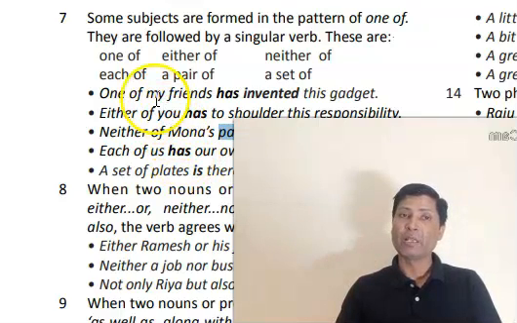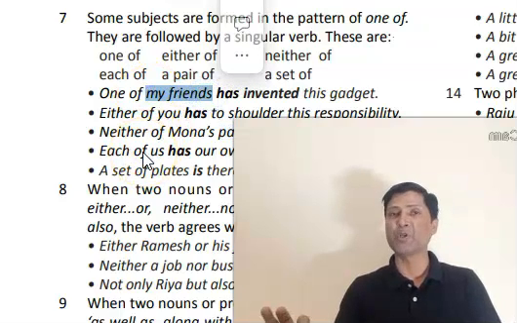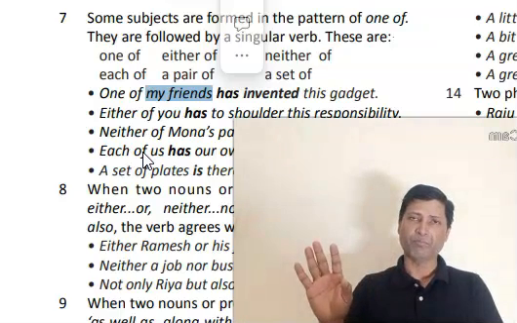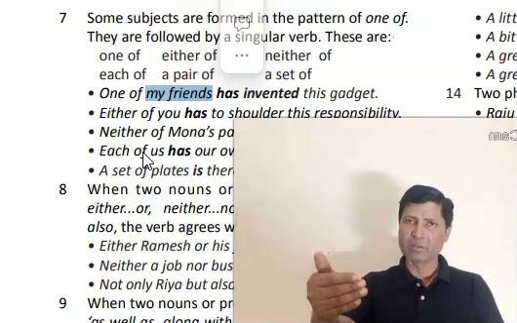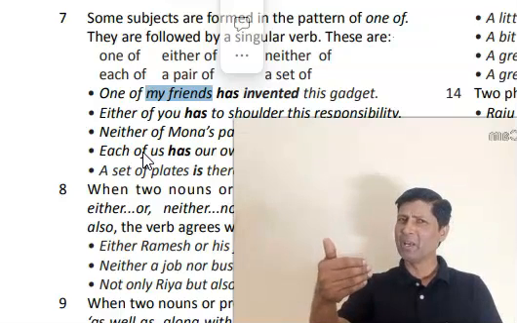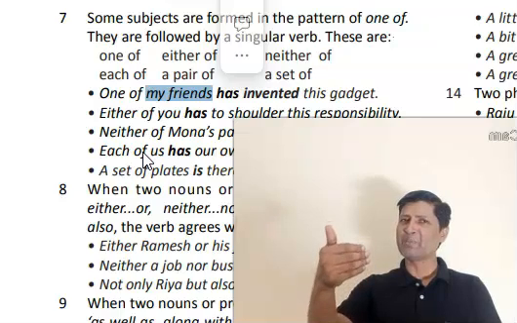Therefore, my friends cannot function as the subject. Never, ever. I'll discuss it in some more advanced subjects. Very interesting. As you go ahead in this book, you will find subjects are becoming more and more complex.